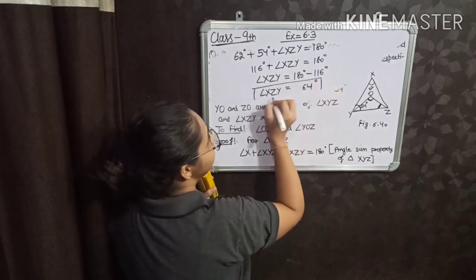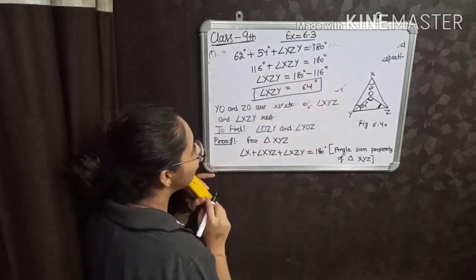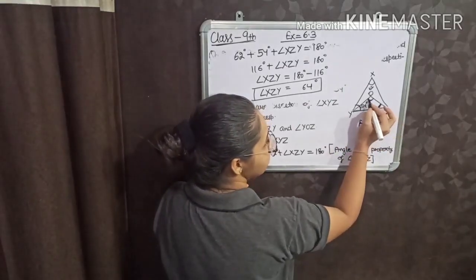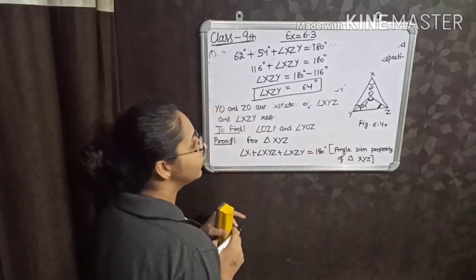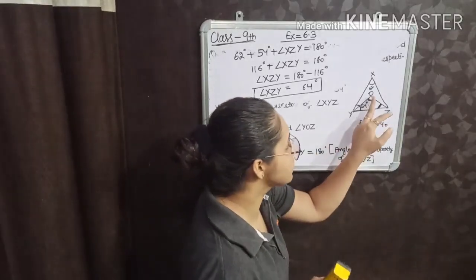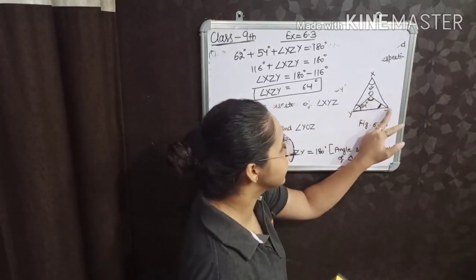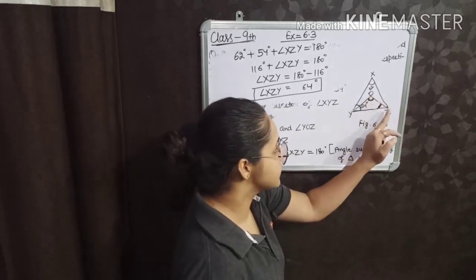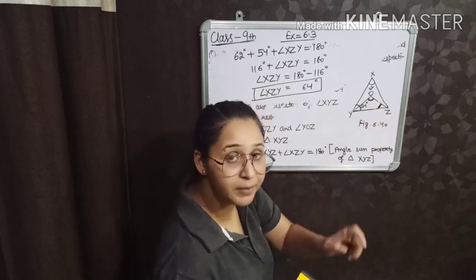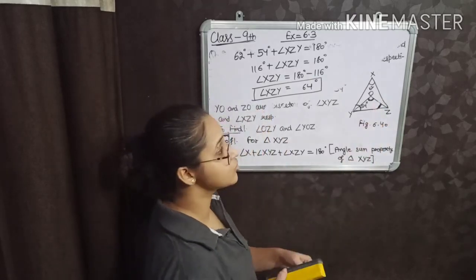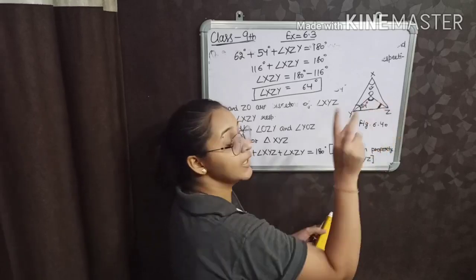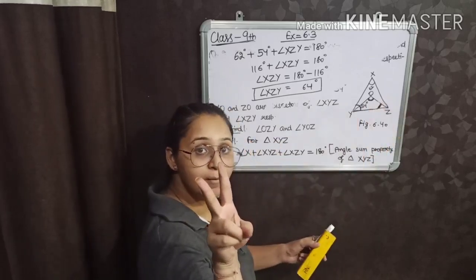But we have to find the two angles, that is angle OZY, this angle and this angle. You have noticed that this OZ is a bisector of this complete angle. This OZ is a bisector of this bigger angle. It means this OZ will divide this complete angle into two equal parts.